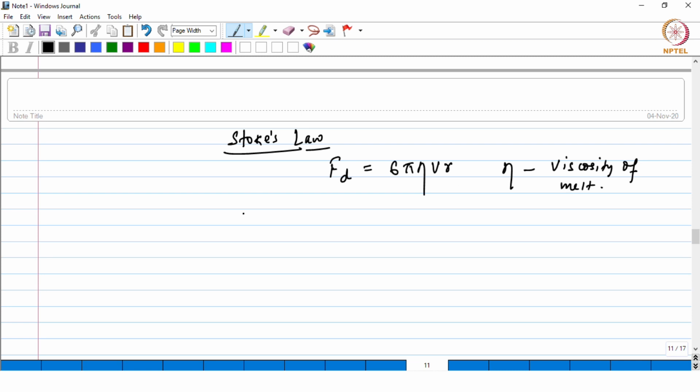And when d is much smaller than r, then it has been shown that the drag force will be given as this for a planar interface.